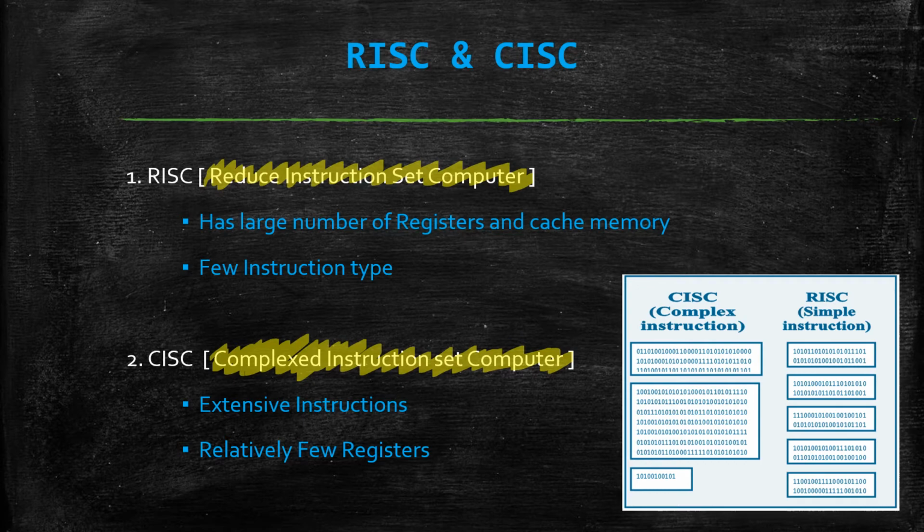You can see in the image that in CISC we have 1, 2, and 3 storage. How many storage? 3 storage, or 3 registers. Because I have only 3 registers but the amount of data is the same, I have to manage my data in such a manner that I can keep all the data in these 3 registers.